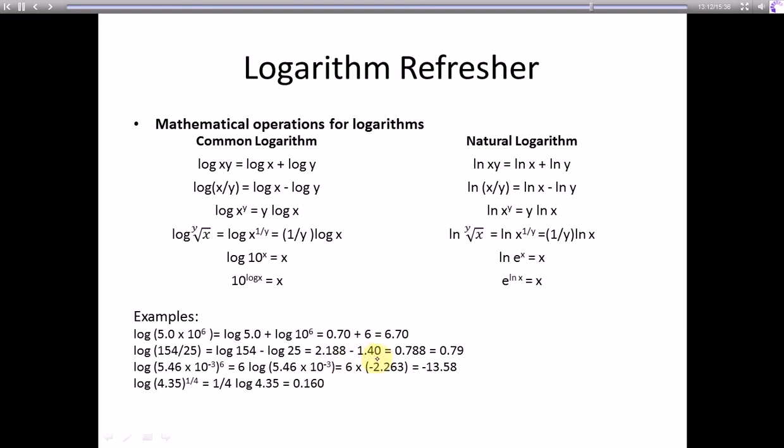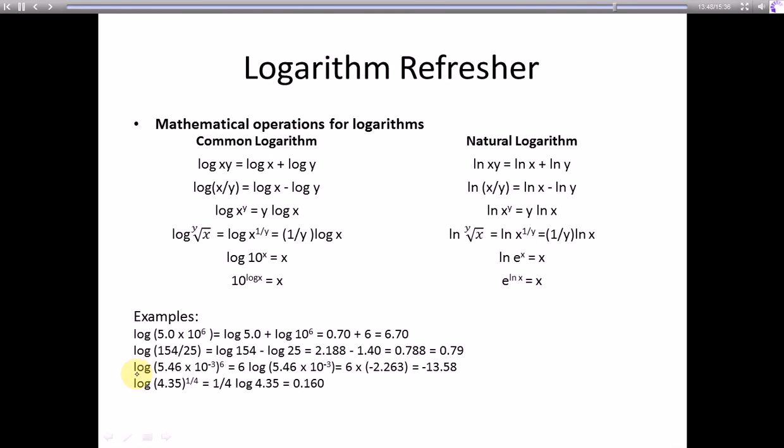I have 2 decimal places in my answer because I have 2 significant figures in the argument of the log. And then I perform my subtraction, and I get 0.788, but I am not done, because when you do a subtraction you need to consider which of the numbers has the fewest number of decimal places and round to that number of decimal places. This one has 2 decimal places, so I need to round this number to 2 decimal places.